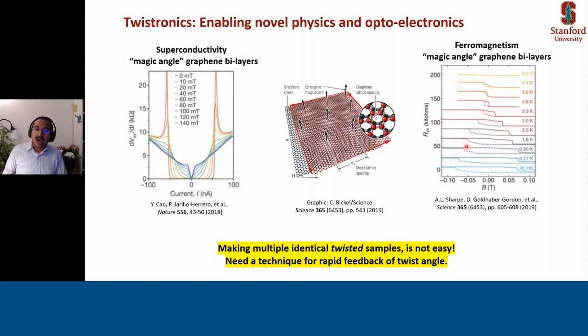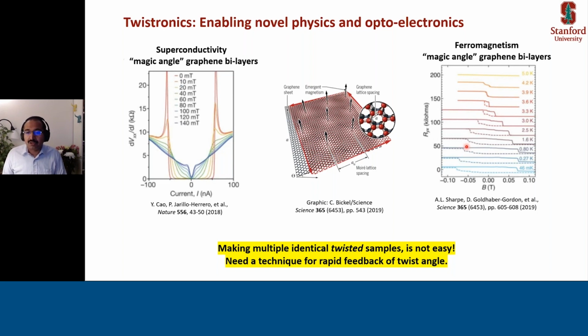In fact, it's very hard to reproduce a device in the 2D materials field, especially if it involves twisting two layers on top of each other. And hence, there is a need for a technique that gives you rapid feedback, something where you don't have to wait for weeks to get simple feedback on, what was the twist angle of my sample?